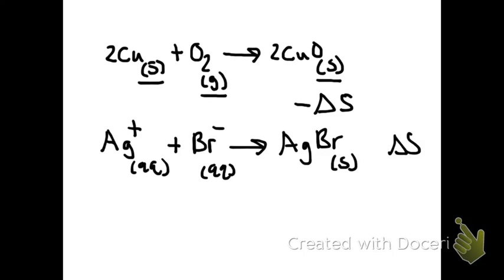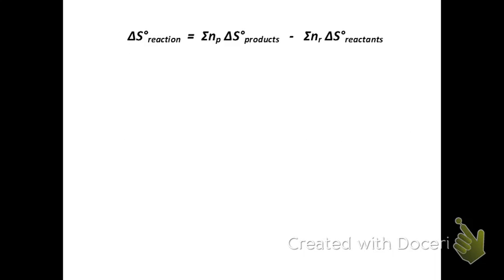Well, remember that solutions are more disordered. So we're going from a more disordered solution to a more organized solid. So therefore, the sign should be negative for this particular process. Alright. Let's look at some other possible examples here.